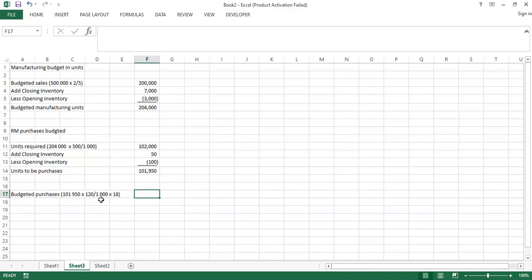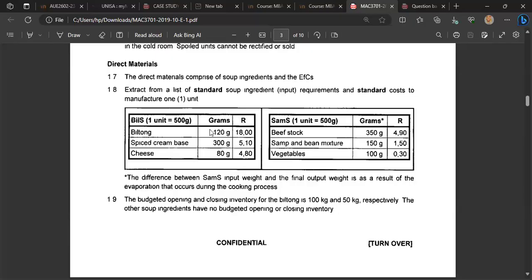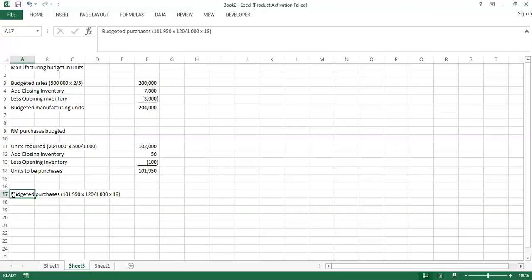But again, this is not the end of it, because if you want to find the price per gram, you would have to divide by 120. I think let's just simplify it. Let me not complicate this, because that would be unnecessary, I believe.